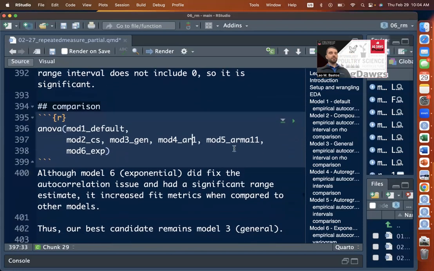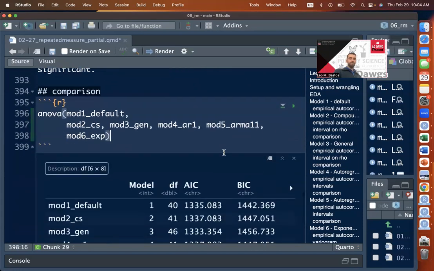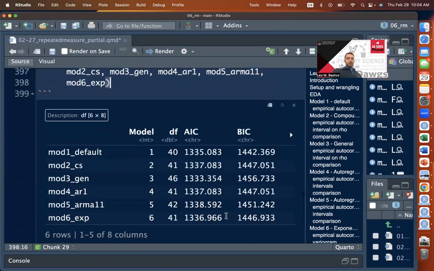All right, if we come to the ANOVA and compare, we see that the exponential, compared to all the previous, compared to ARMA and AR1, had a better fit than they did, but it was not the best fit yet, right? So the best fit still remains the general, which was the most complex one.